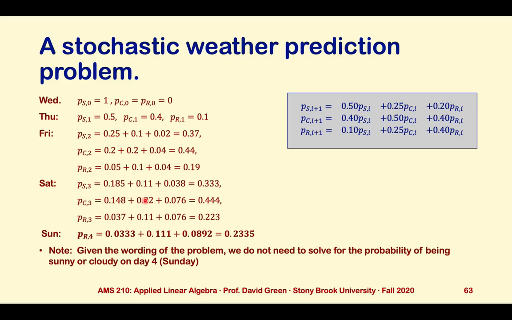For the cloudy, it's 0.4 times 0.37, 0.5 times 0.44, 0.4 times 0.19. That gives us 0.444. And for the rainy on day 3, we have 0.1 times 0.37, 0.25 times 0.44, 0.4 times 0.19, which gives us 0.223. If you add these up, we do indeed get 1 again.